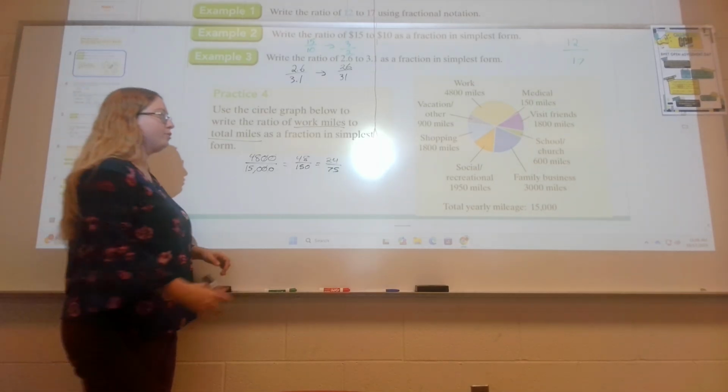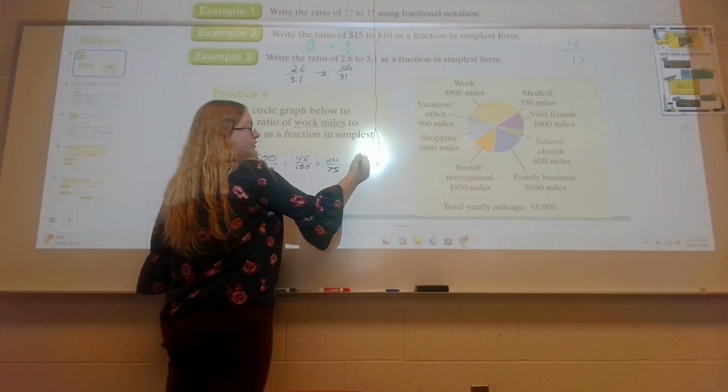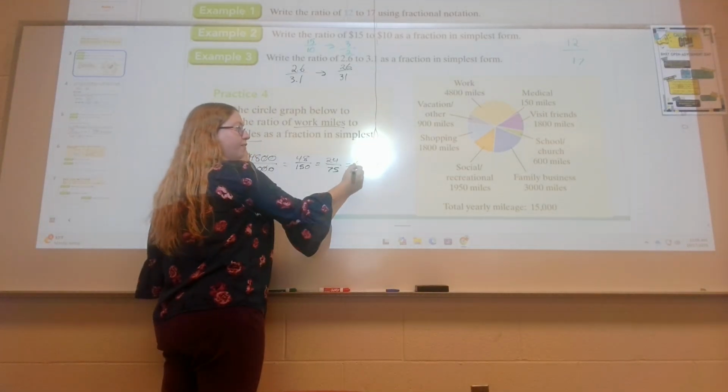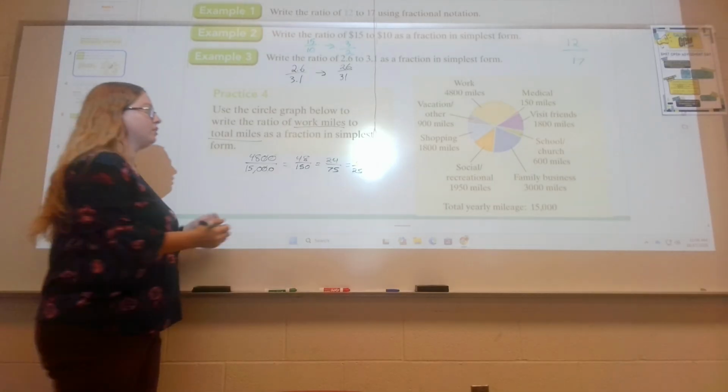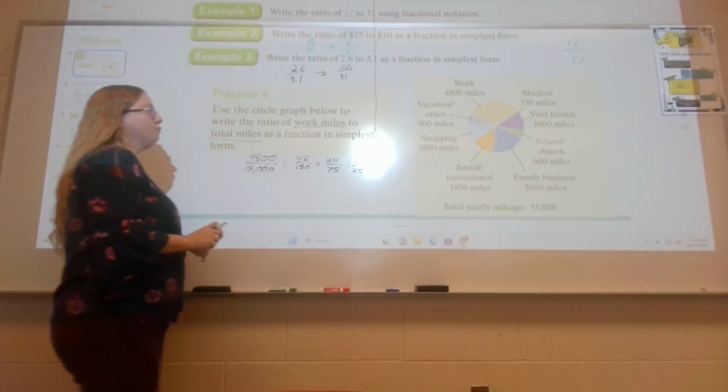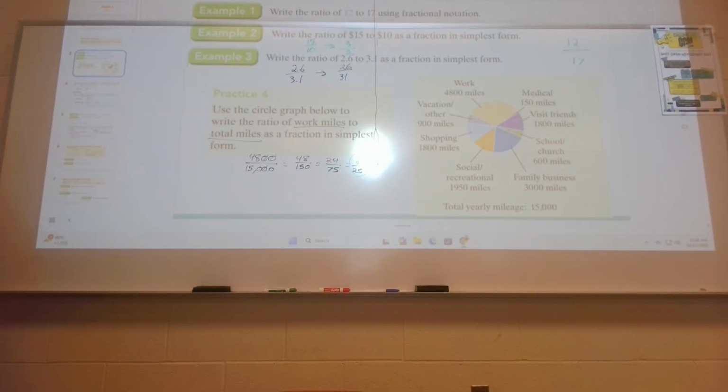They're both divisible by 3. 24 divided by 3 is 8. 75 divided by 3 is 25. That should be as simple as it goes. So the ratio of work miles to total miles is 8 to 25, or 8 out of 25. Questions so far? Okay.